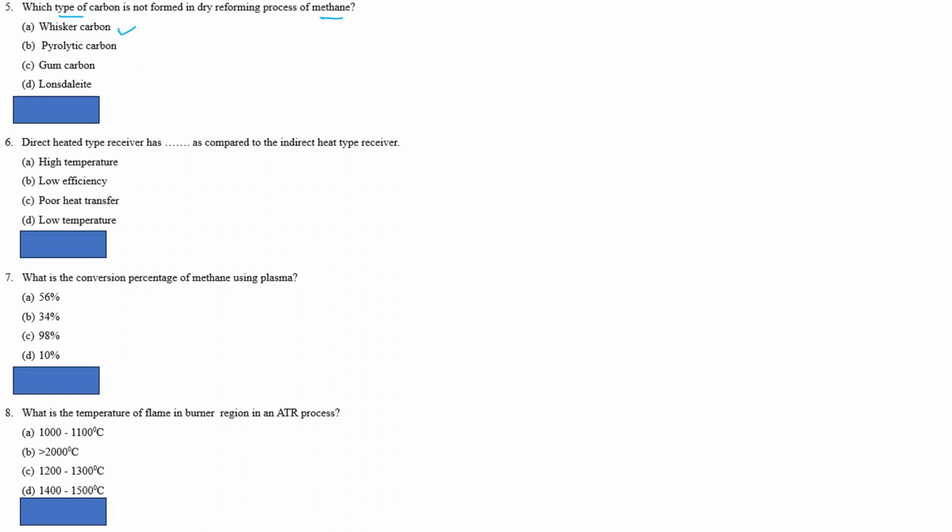This is the most difficult part; whisker carbon makes the reactions more difficult. Pyrolytic carbon, gum carbon and lonsdaleite: which one will not form in the dry reforming process? D. Whisker carbon is formed. Pyrolytic carbon is also formed and gum carbon is also formed.